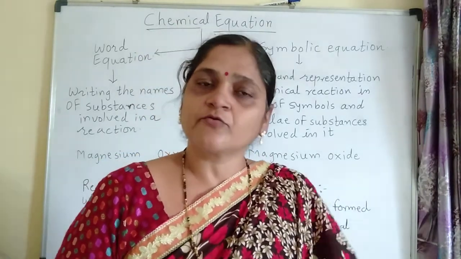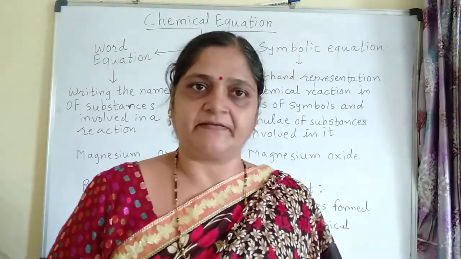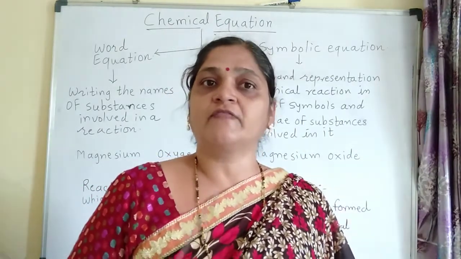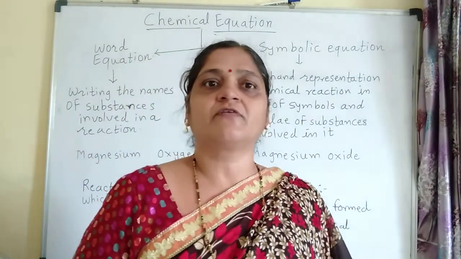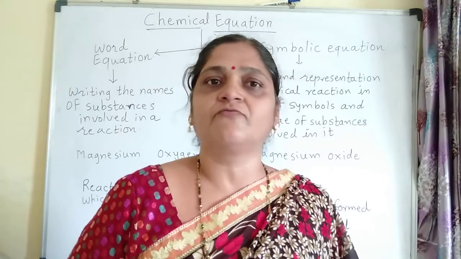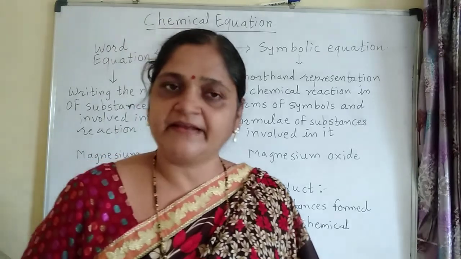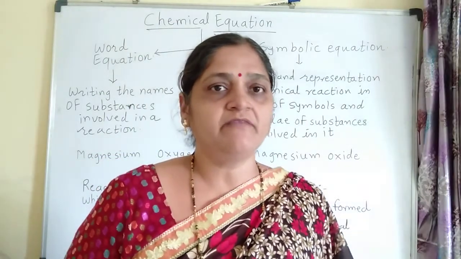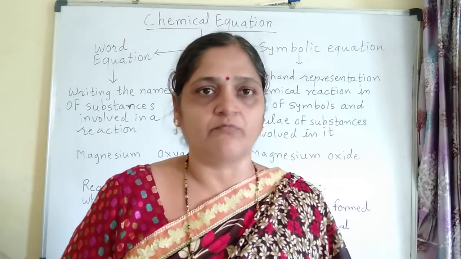We are also going to focus on this symbolic chemical equation. And to represent it, we must be aware of the correct symbols and molecular formulae of the compounds or symbols of the elements. It is a must. Then only can we represent the chemical equation in the form of symbols.